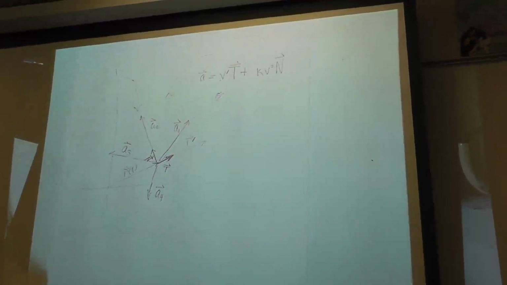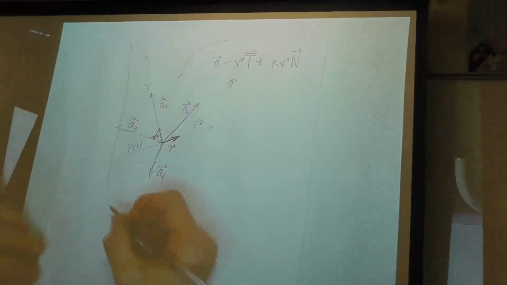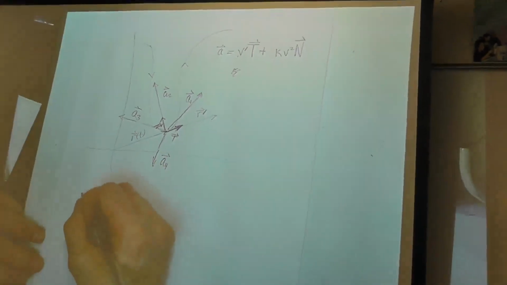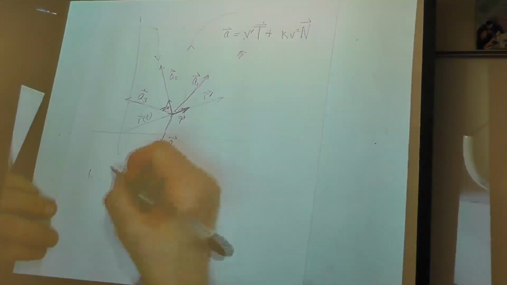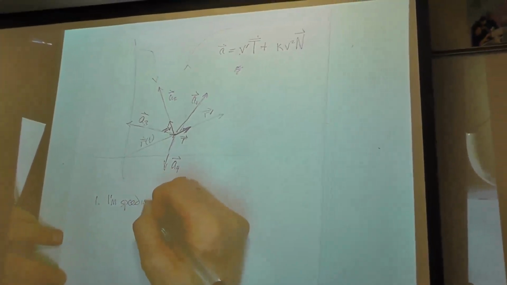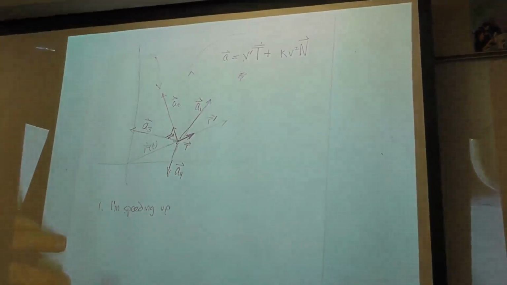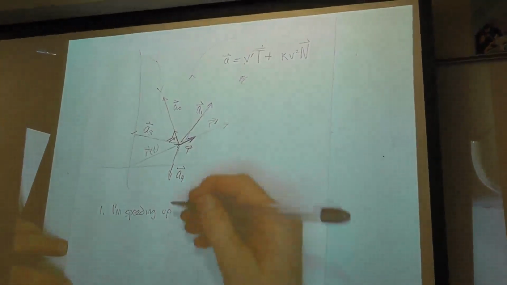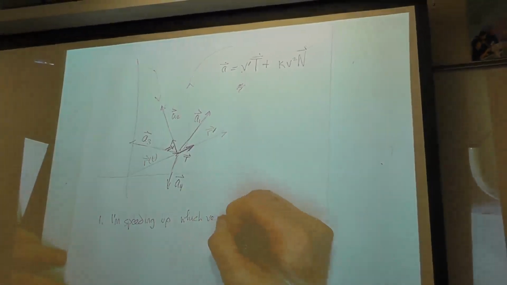Okay. Scenario 1, I'm speeding up. Which vector could be the acceleration? It's going to be A1.